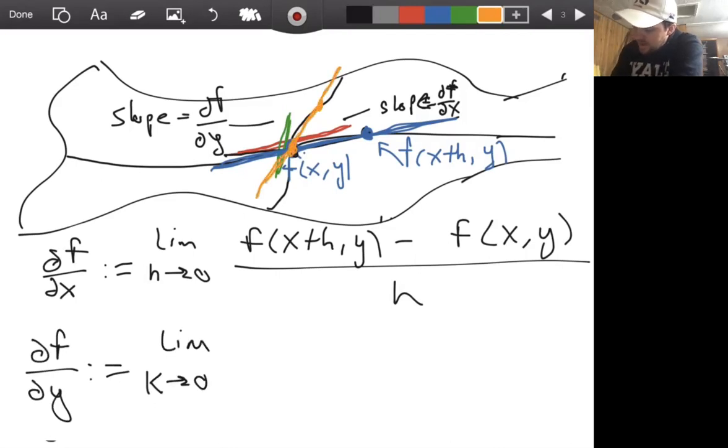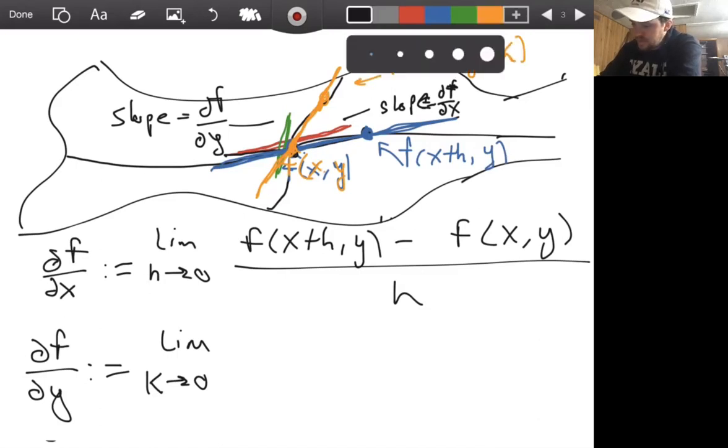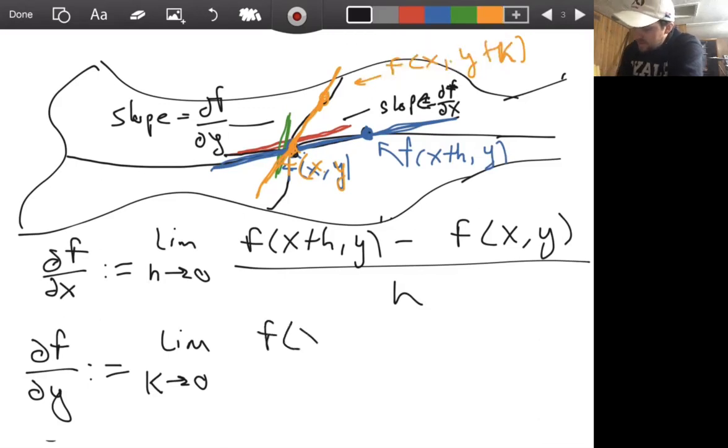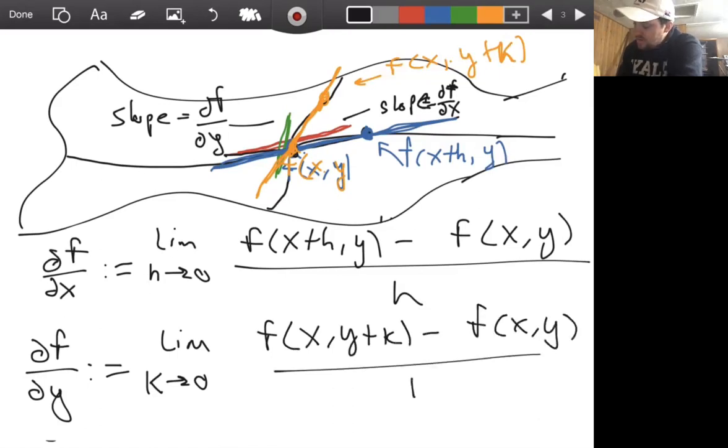So here we have, again, f(x, y), and then somewhere down the line we have f(x, y + k), because y is now what's varying. To find the average slope of the secant line, it's f(x, y + k) minus f(x, y), all over k.